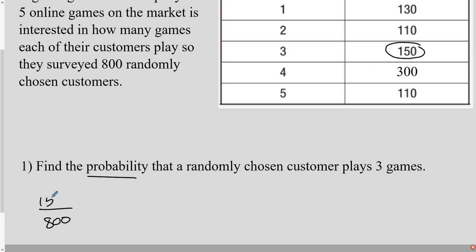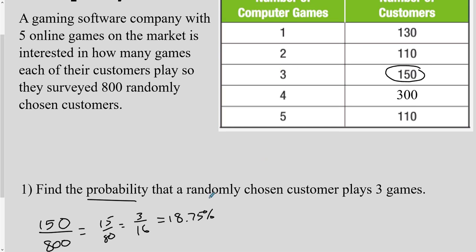We're going to assume that this means plays exactly 3 games. So that's 15 over 80. Divide that by 5, and we get 3/16, which is 18.75%. So out of these 800 customers, if you chose one, you had an 18.75% chance that you would have chosen somebody that plays 3 games.